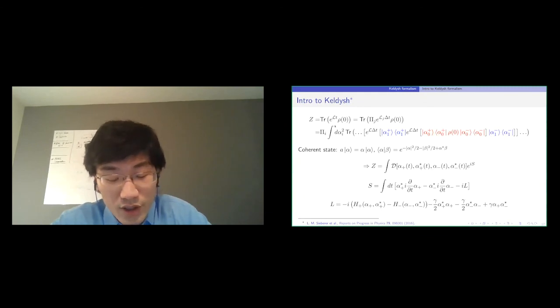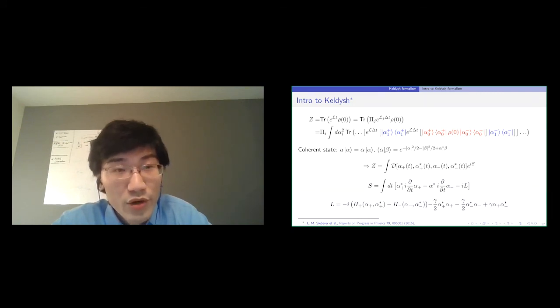As with every field theory, we start from a partition function. After writing down its form, we can go ahead and calculate things. Here the partition function is defined as a trace of the density matrix at time t. Later we will send t to infinity, so we'll have the steady state.